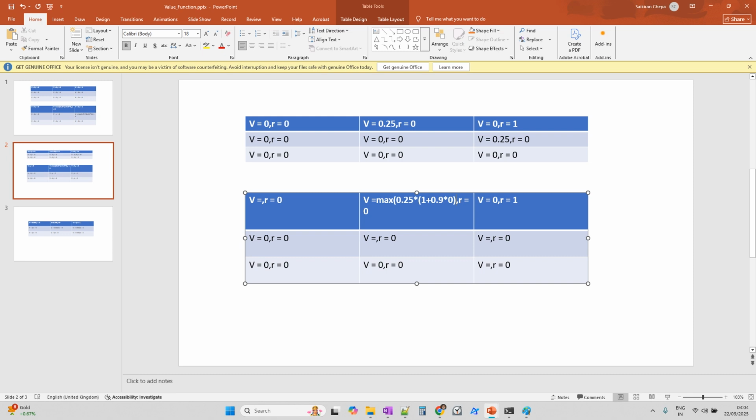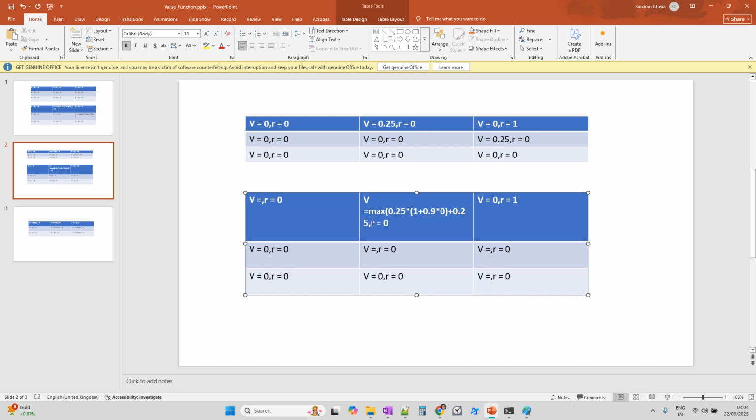This is this one. If he goes up, he should not go up, so he has to stay in the same state. For going up there is no reward, so he has to stay in the same state, and for that we give a discounting factor of 0.9 into 0.25.